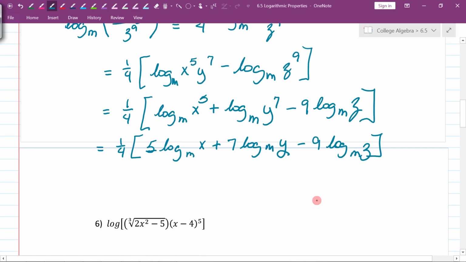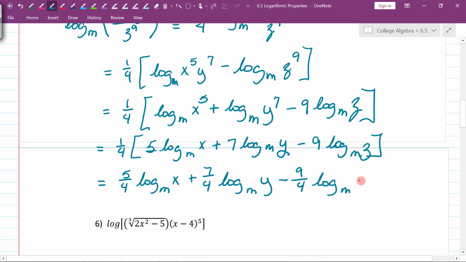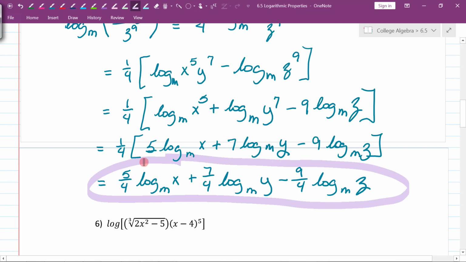So my final answer here is going to be equal to 1/4 times 5, 5/4 log base m of x. 1/4 times 7, so plus 7/4 log base m of y. 1/4 times a negative 9, minus 9/4 log base m of z. And that is my final answer right here.